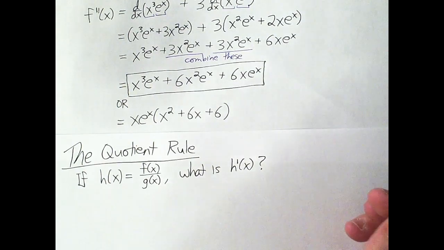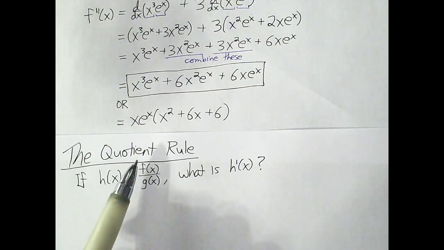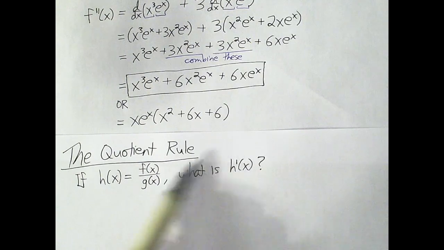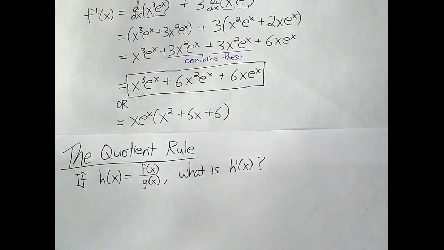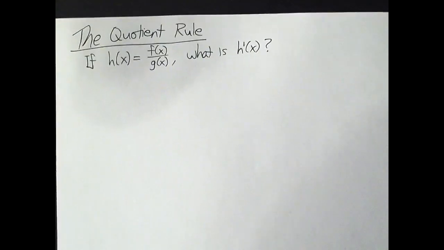Now, it would be really nice if we could just do f prime over g prime. Unfortunately, we can't. That's not going to get us the correct answer. If you could just do derivative of the top, derivative of the bottom, that would be great. But unfortunately, it doesn't work that way.